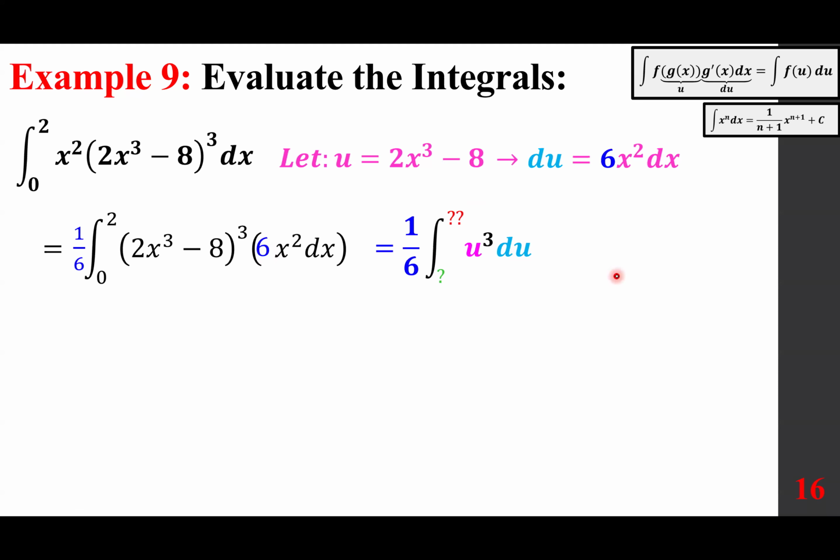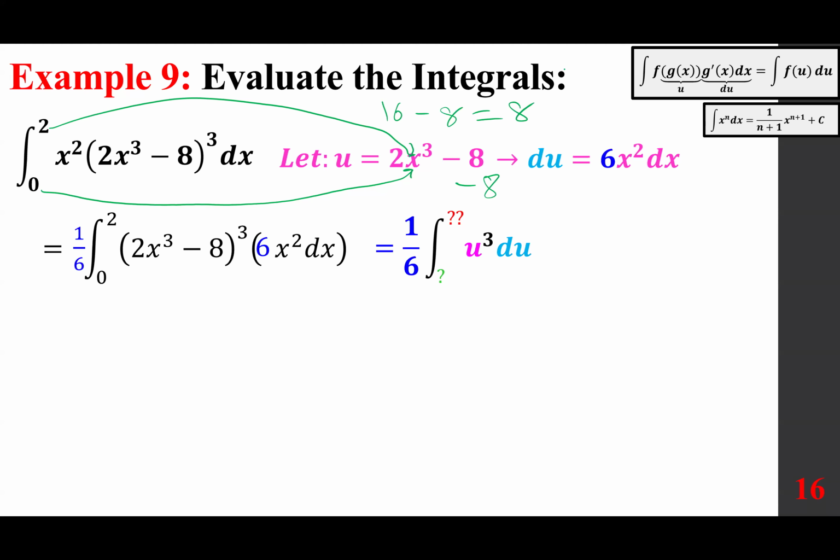And what are the new limits? Let's find out. If I plug in 0 here, 2 times 0 is 0, I get lower limit minus 8. If I plug in 2 here, 2 cubed is 8, 2 times 8 is 16, minus 8 is 8.